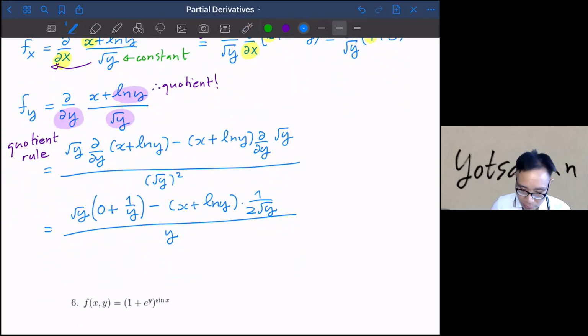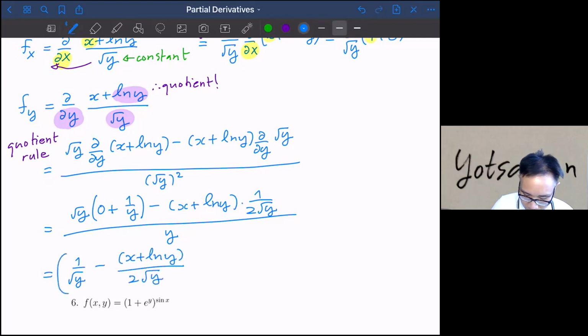If you simplify this one a little bit, it's going to be 1 over root y, and you're going to have (x + log y) over 2 root y, and everything times 1 over y for the final answer.